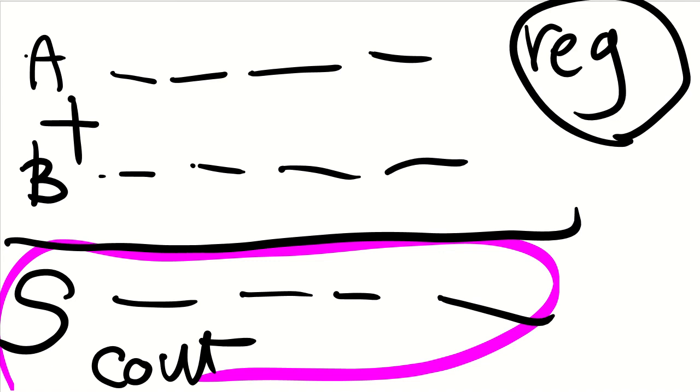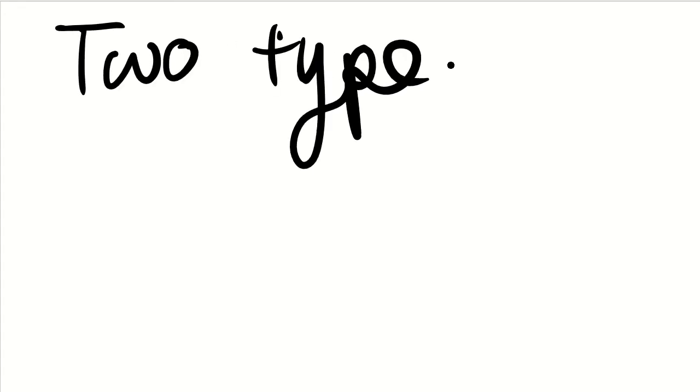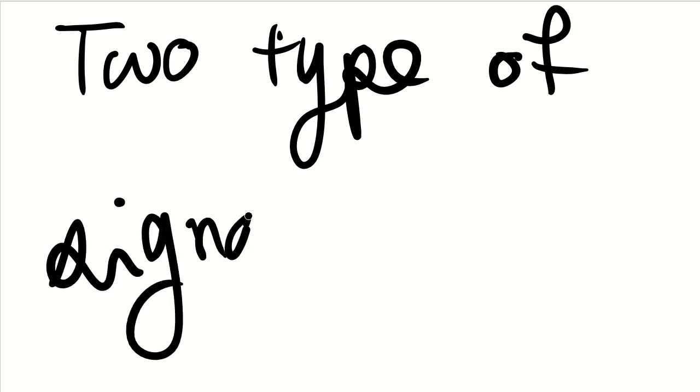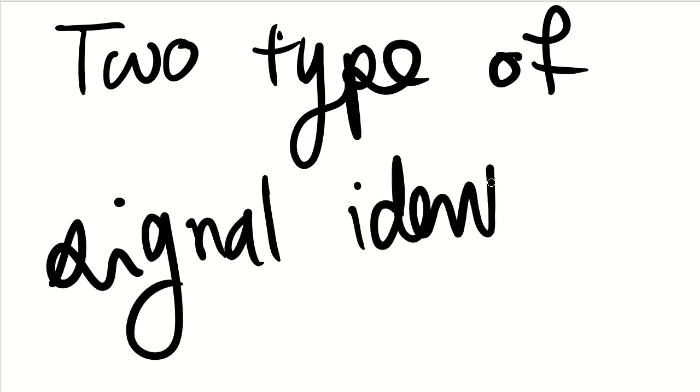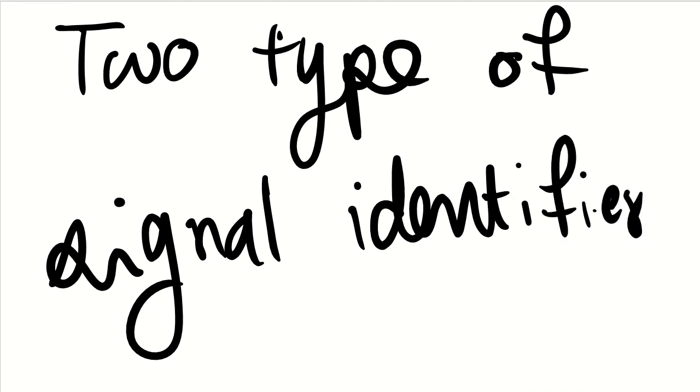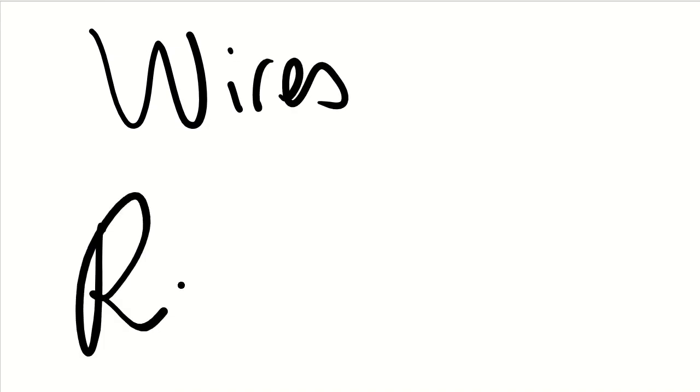Okay, the difference between wire and registers, so I'm going to write it because it's important. So there are 2 types of signal identifiers: wires and registers. Okay, so wire is actually a keyword.